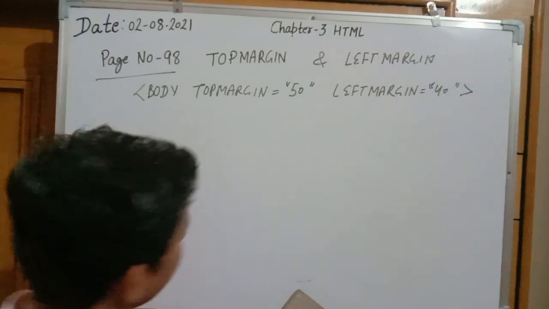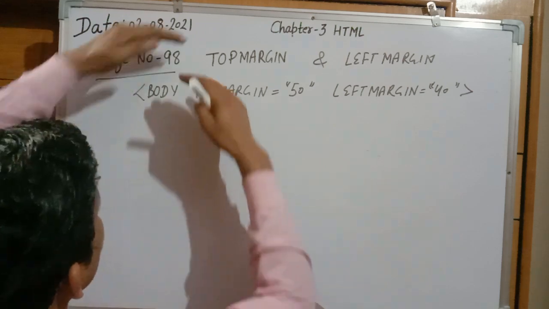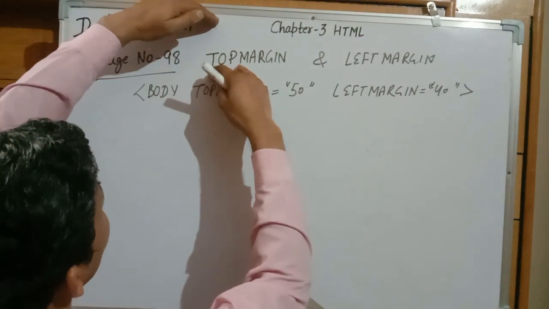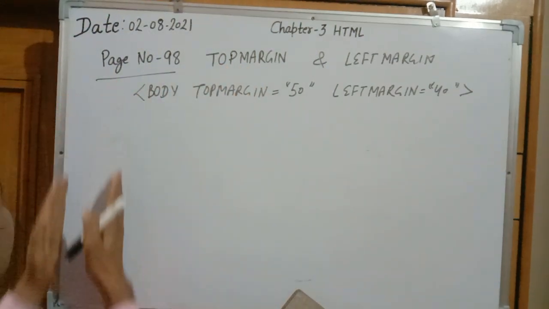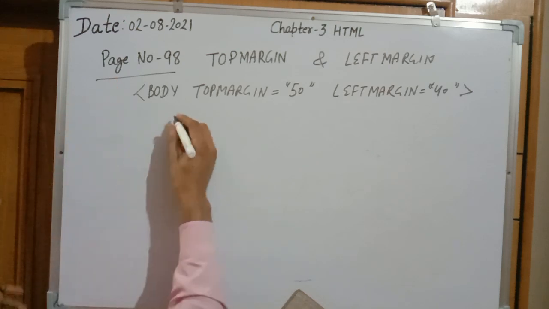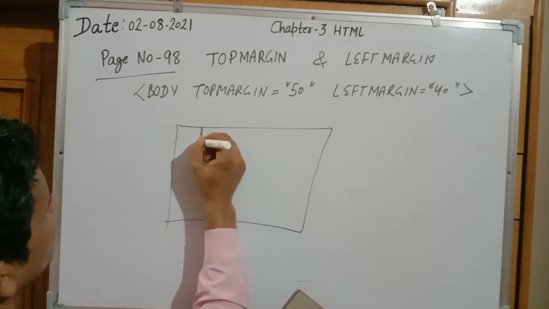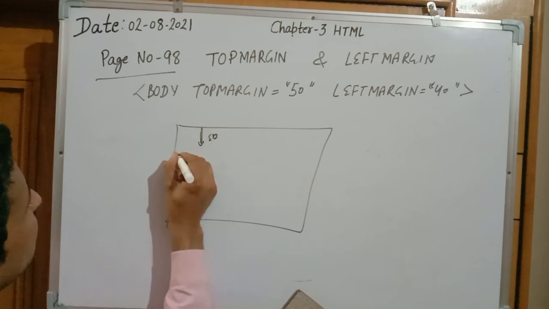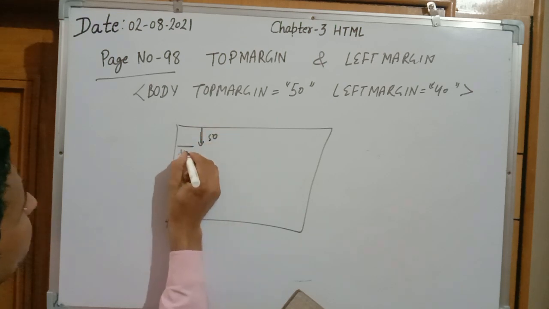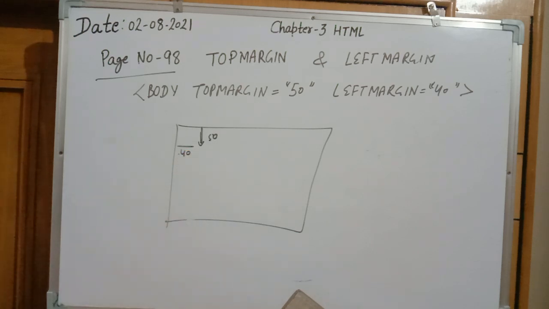So what will be the output of the complete program? If you run it, it will leave space from the top side, 50, and space from the left side, 40. It means if output is displayed in this box, it will leave space from the top of 50 and from the left side of 40, and here it will start the output.